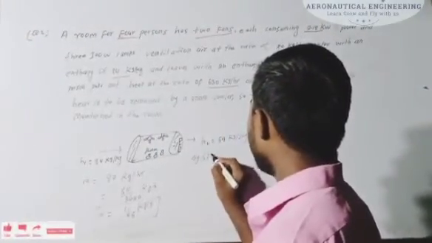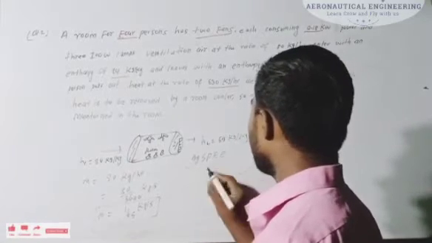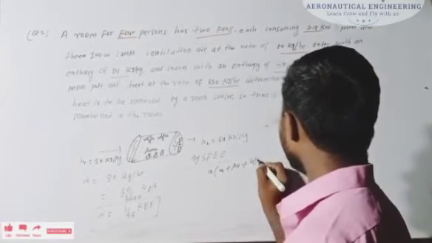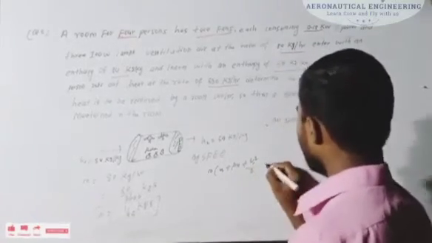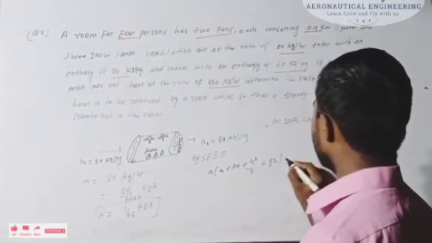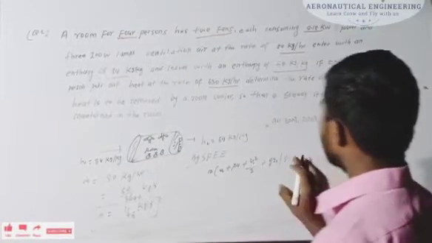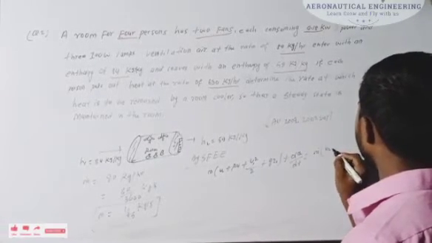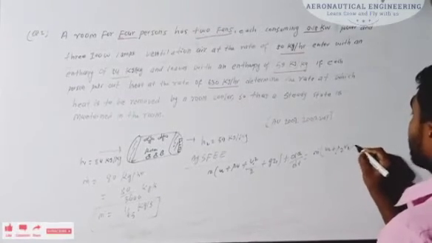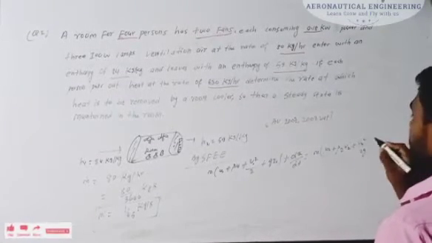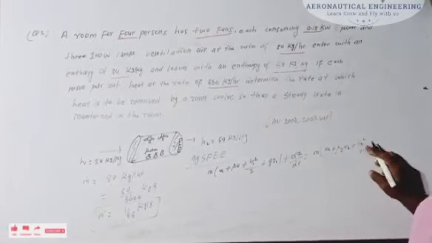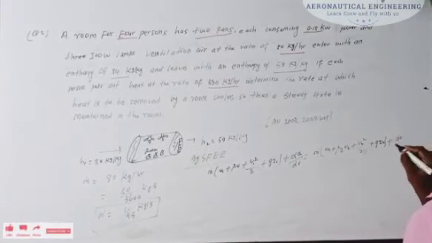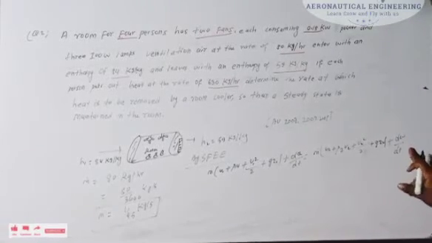By the steady flow energy equation, we know that m dot times u1 plus p1 v1 plus v1 square upon 2, plus g z1, plus, in place of q, I am writing here dq by dt, equal to m dot times u2 plus p2 v2 plus v2 square upon 2, plus g z2, plus dW by dt. We have to find out this dW by dt.